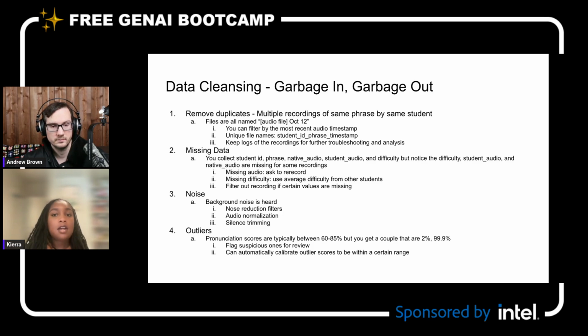Like the 2% somehow magically gets bumped up to 60%, and the 99 gets bumped down to 85, which would really suck if they actually did do really good. But if it's an outlier compared to the rest of their audio recording scores over time, it's probably safe to assume that you should bump it down.